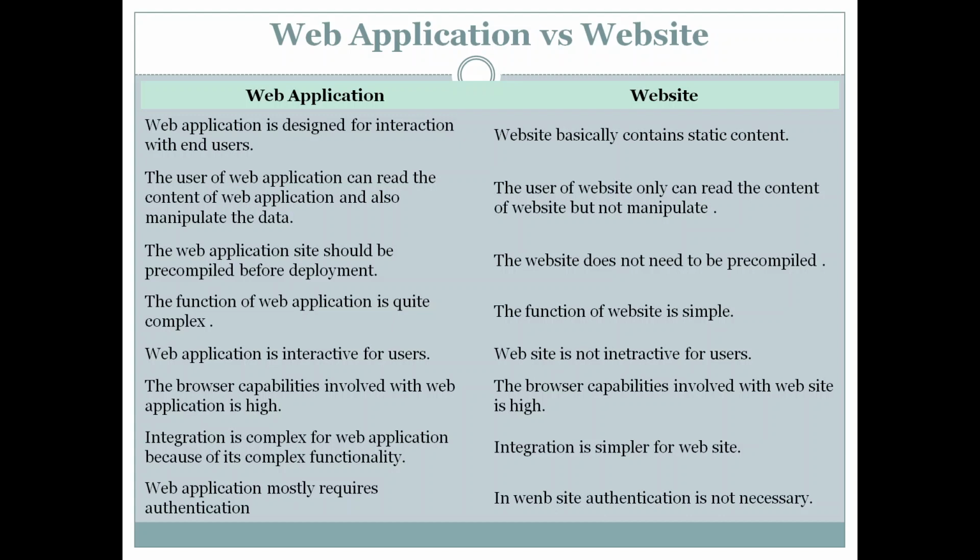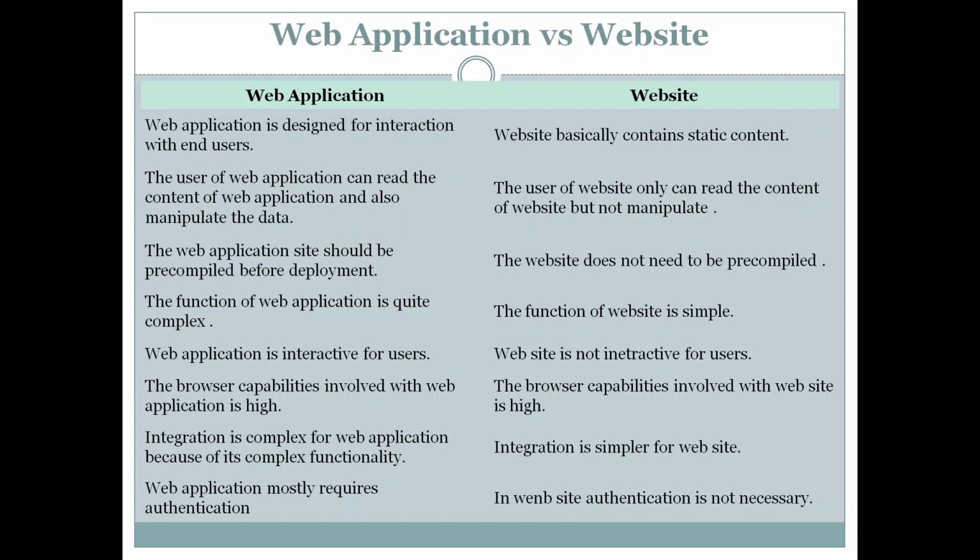The user of a web application can read content and also manipulate the data. In a web application, the data can be changed, and that is the reason the user can read as well as manipulate the data. In websites, the user can only read the content of the website, but the data cannot be manipulated.